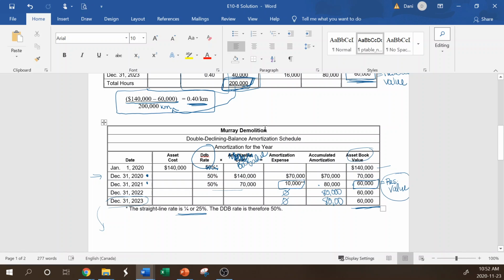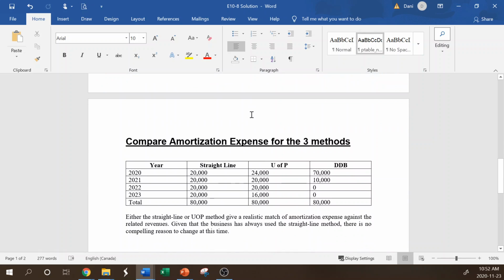We can compare these 3 methods because the question asks, is there a problem continuing to use the straight line method? Well, if we go through and we compare these different methods, we can see that each year in straight line we booked 20,000. For units of production, we booked 24, then 20, then 20, and then 16, just depending on the kilometers driven.